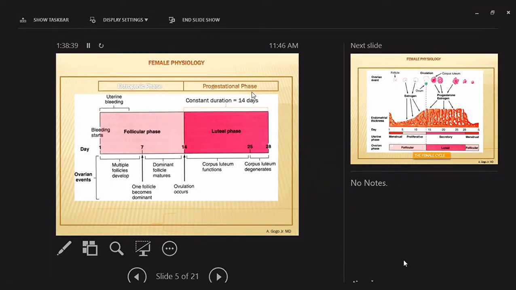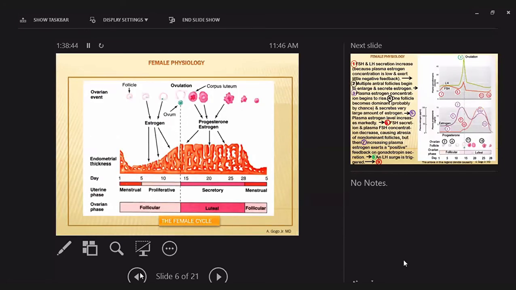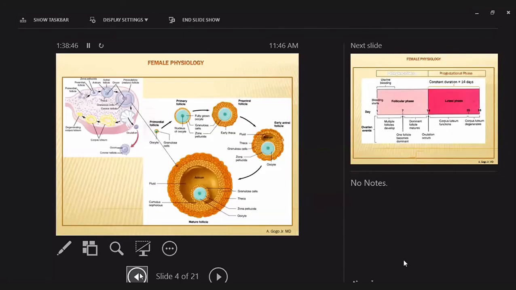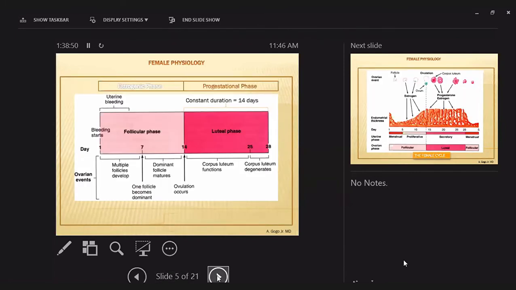Then in the luteal phase, we call that progestational phase because it is the corpus luteum that predominates, and then more of the progesterone is being produced during the luteal phase. That is in the ovary, okay?